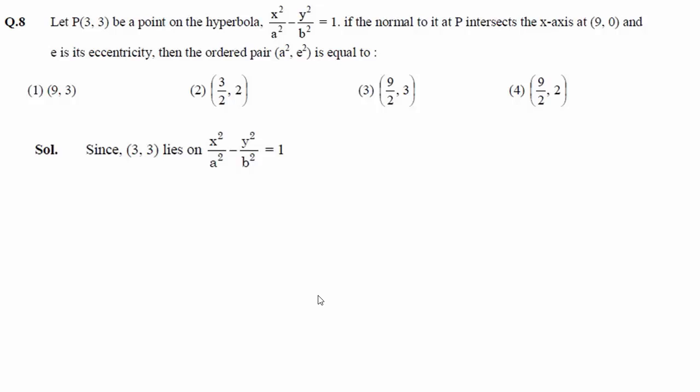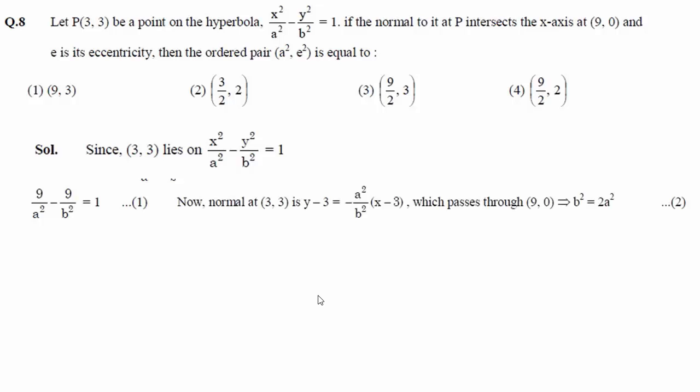Since (3, 3) lies on x squared by a squared minus y squared by b squared equals 1, we have 9 by a squared minus 9 by b squared equals 1. Now, the normal at (3, 3) is y minus 3 equals minus a squared by b squared into (x minus 3), which passes through the point (9, 0).